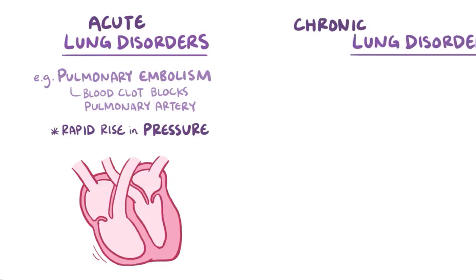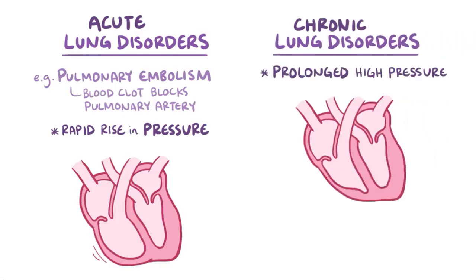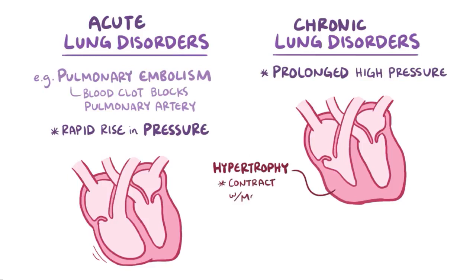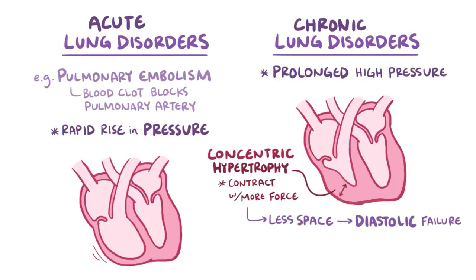In chronic lung disorders, prolonged high pressure causes the right ventricle to hypertrophy or grow, so it can contract with more force. The hypertrophy here is concentric, which means that the new sarcomeres are added in parallel with the existing ones. So as the heart muscle wall enlarges, it crowds into the ventricular chamber space, resulting in less room for blood to fill the heart, and that leads to diastolic heart failure.